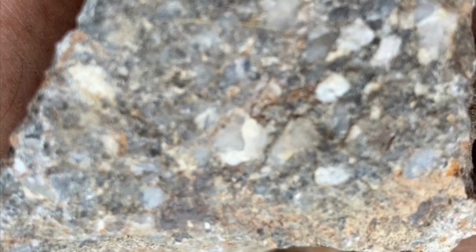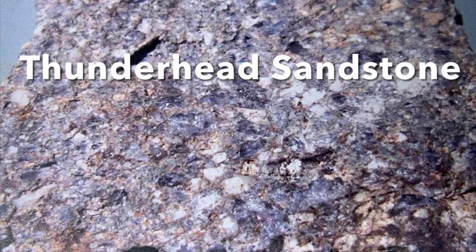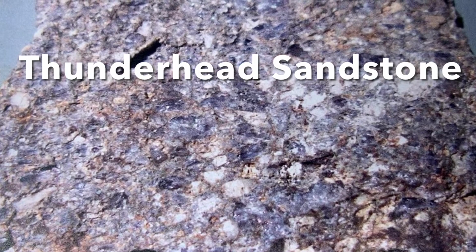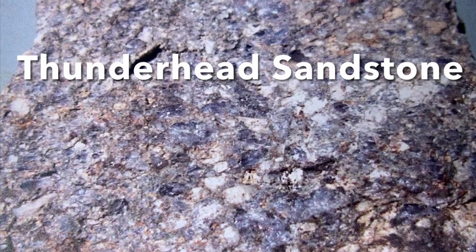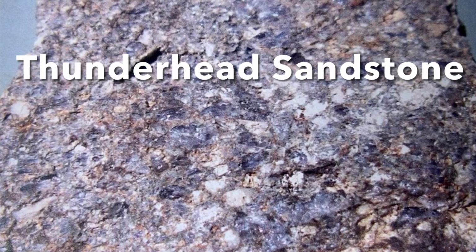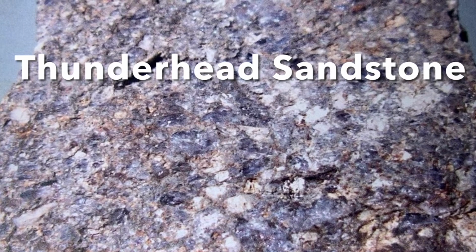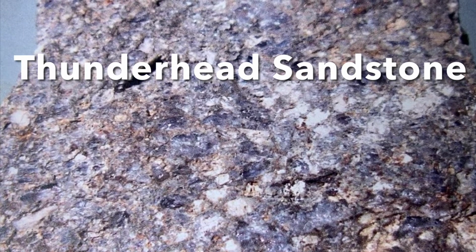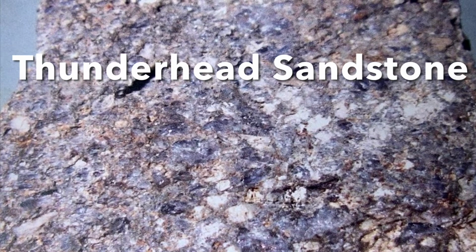So why do I make a distinction here? I make this distinction personally to eliminate personal confusion, because if you look at, for example, the turbidite rock formations in Great Smoky Mountains National Park, there is a turbidite deposit called the Thunderhead Sandstone.